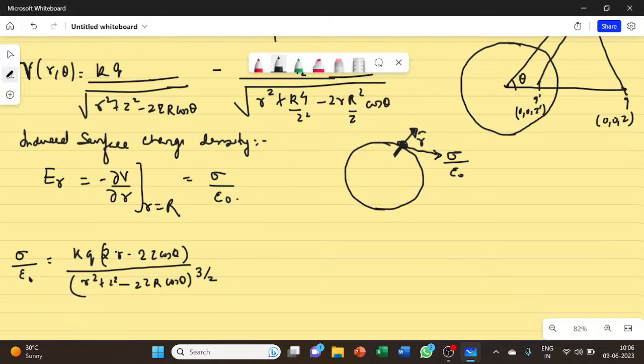There would be a minus half also, so this will get cancelled.